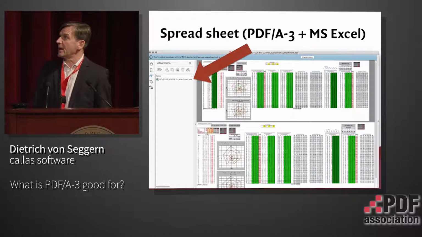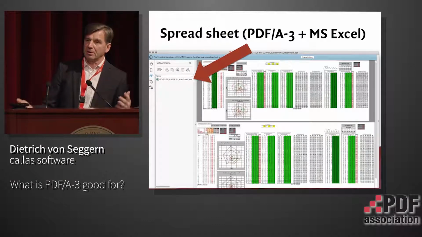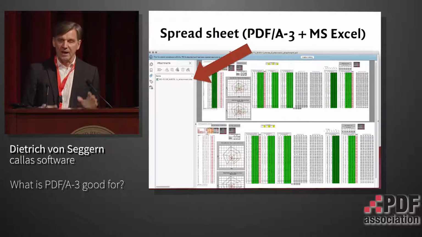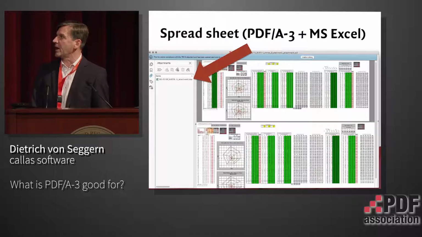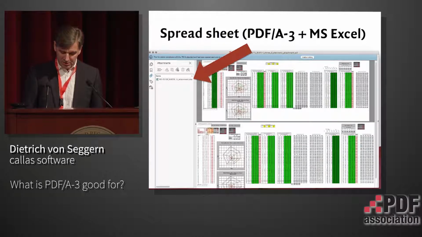So why not just embed the Excel spreadsheet into my PDF A3 container and then have a reliable rendition of the same, and at the same time, as long as Microsoft Excel is still around, I would still be able to edit the whole thing or have access to the formulas.